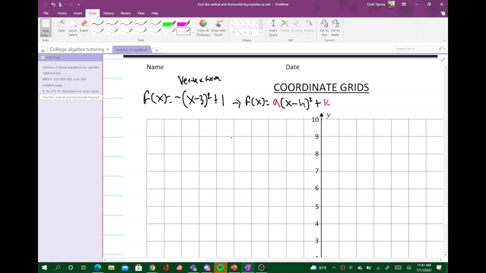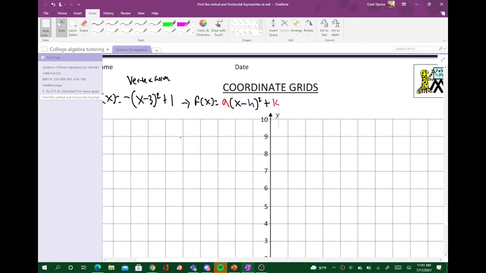Now, a just means whether the parabola opens up or down. Remember that we have two types of shapes for a parabola. We have one that looks like this, and another one that looks like this, right? So when it goes up like this, that means a is greater than 0, and when it goes down like this, that means a is less than 0, right?